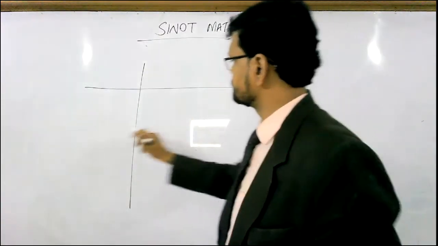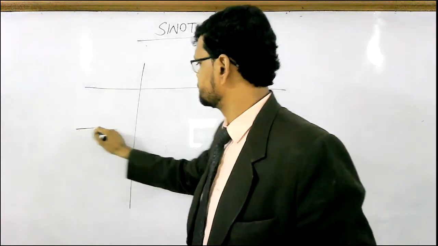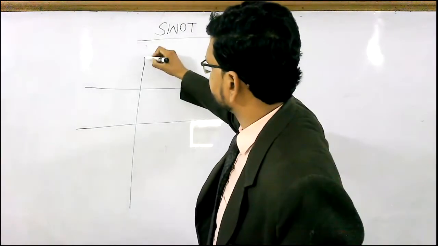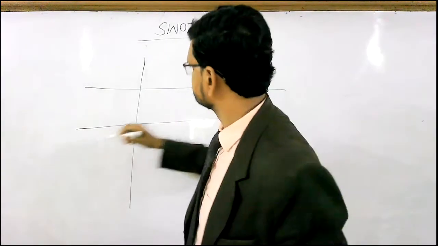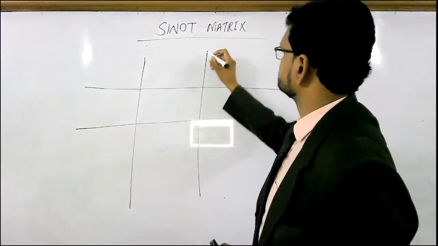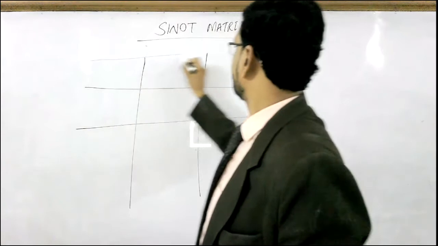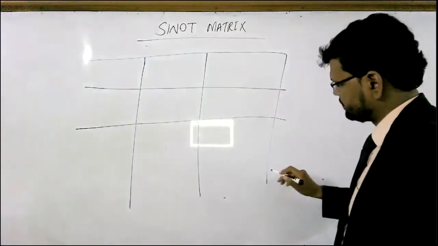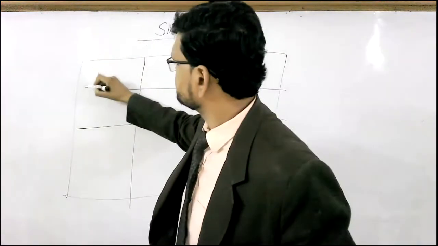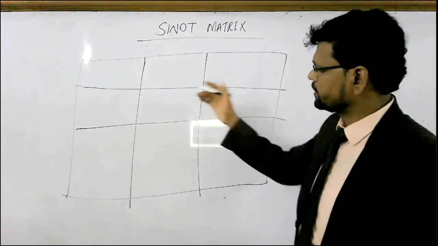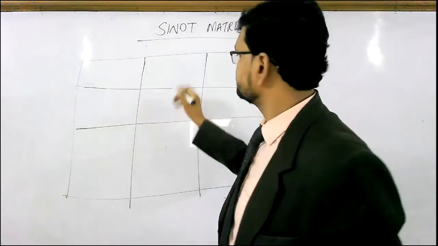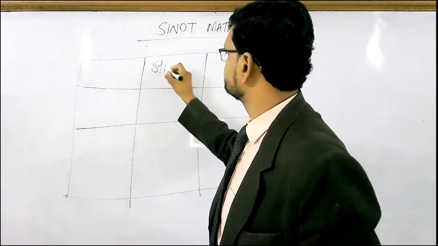You will see here, we have to make one row, similarly two rows, and one column, a second column, in a matrix-type example, because we are making the reference. So basically there are 9 boxes because we are making the matrix. Here I will write strength. These are the strength column.